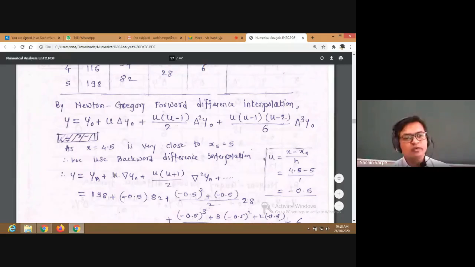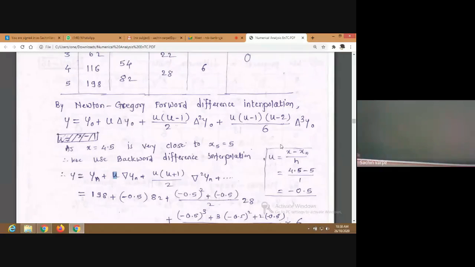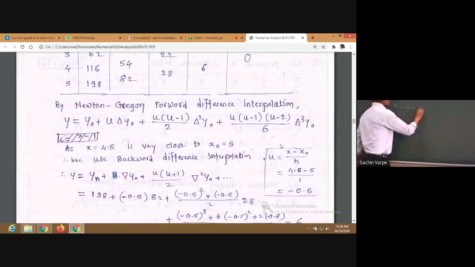And how to get the value of u? If you remember, we have substituted u is equal to x minus xn upon h, because we have substituted x as xn plus uh. We have obtained the formula in terms of f of xn plus uh, in terms of backward operators, like yn plus u del yn plus and so on.